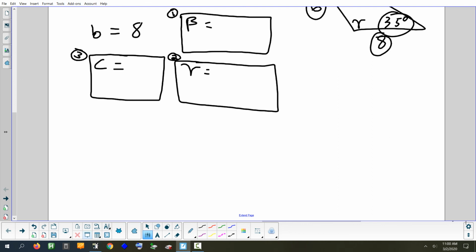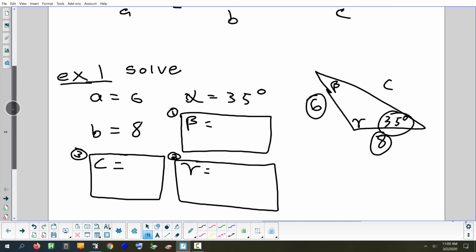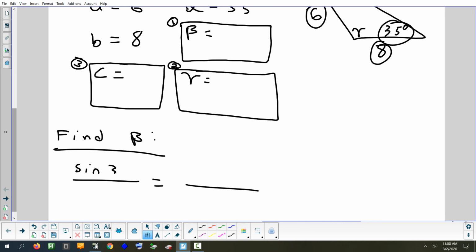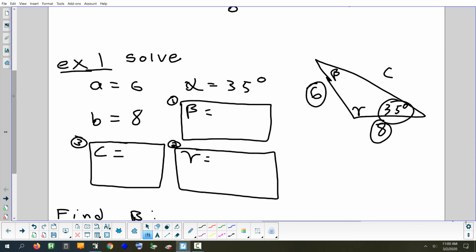So Skylar, when I set up my proportion to find beta, what could I put on the left? Sine of 35 over 6. Yep, sine of 35 over 6. In fact, you're going to do exactly the same thing when you find gamma. Sine 35 over 6. Now we'll fill in on the right. Peregrine, what's going to go on the right side? B sine alpha?